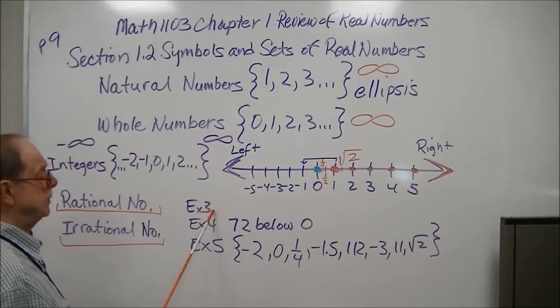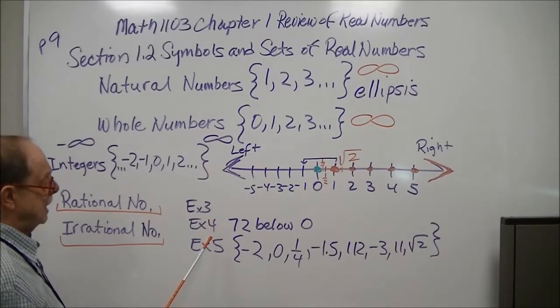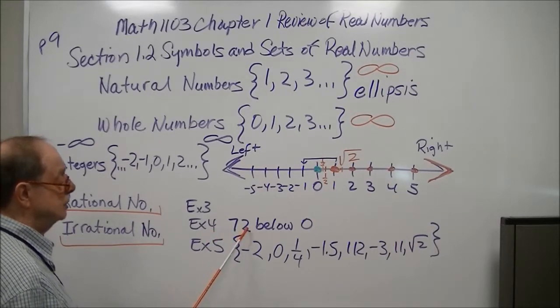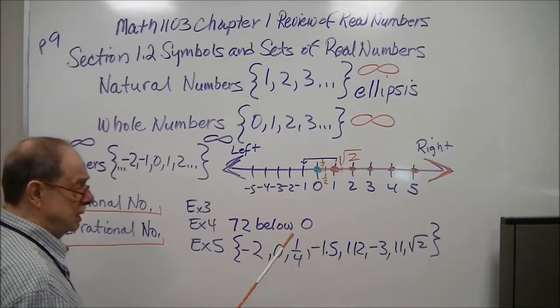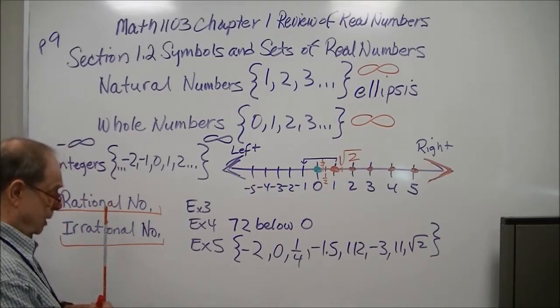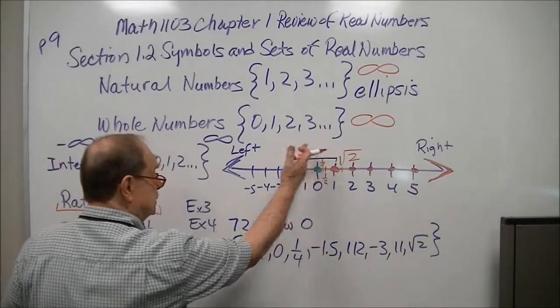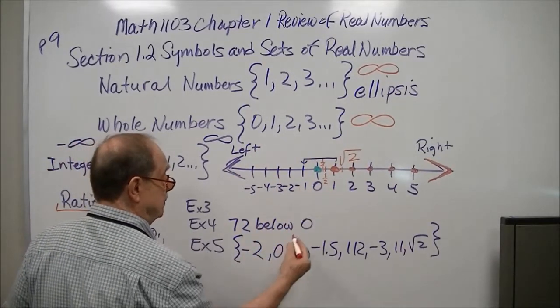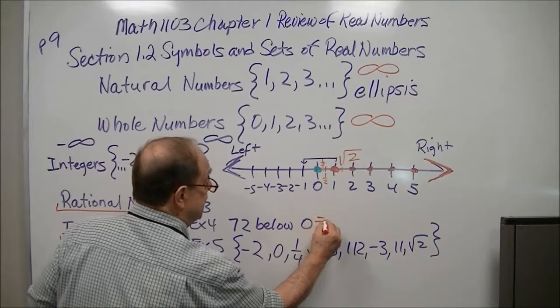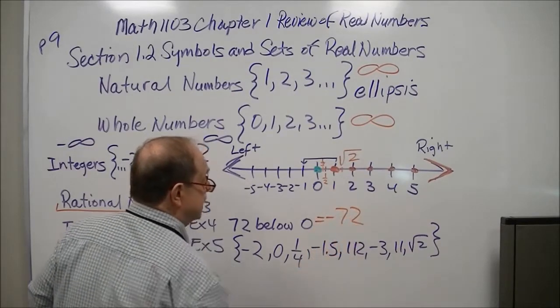So you can look at that yourself. But example 4 is how to write 72 below 0. That's the temperature. Well, in a case like this, below 0 refers to the left of 0, so that would be negative 72.